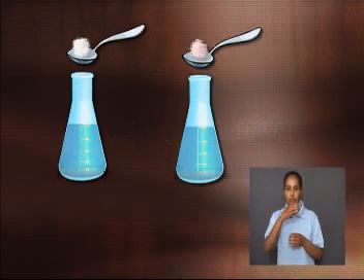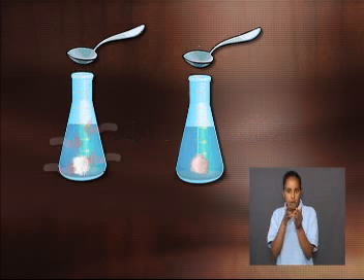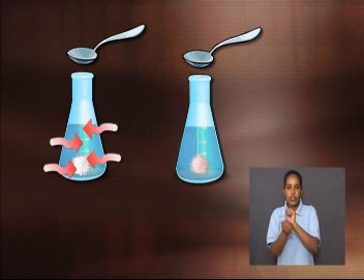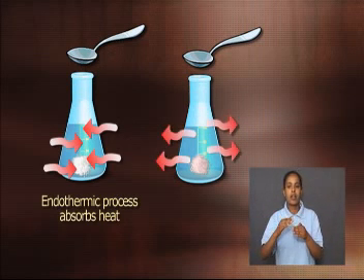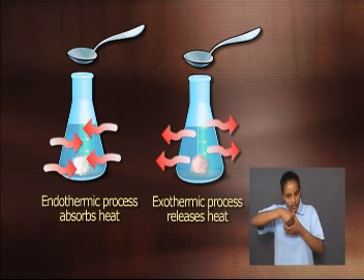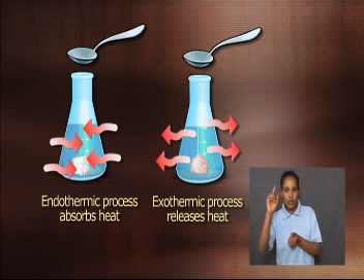The heat of solution is the sum of the energy absorbed, or the energy change for the endothermic process, and the energy released, or the energy change of the exothermic process.